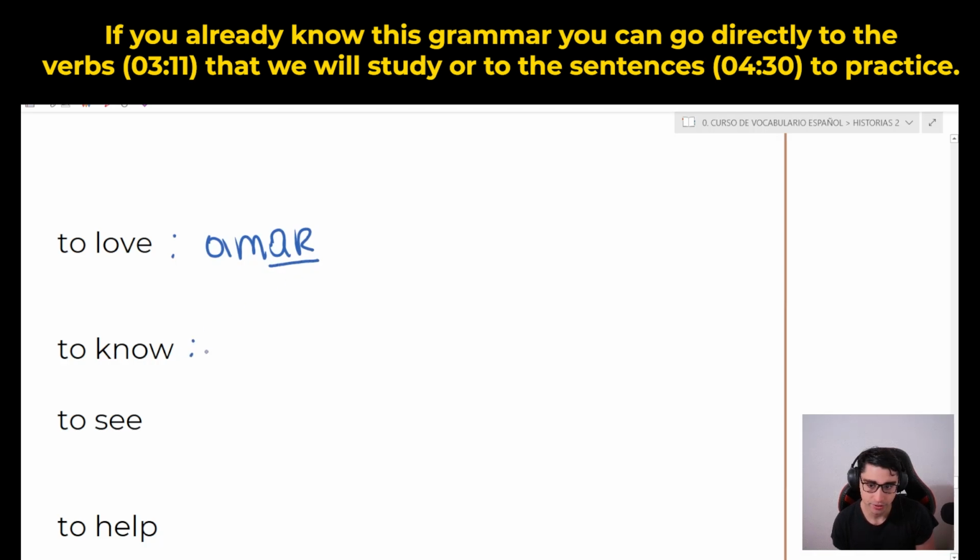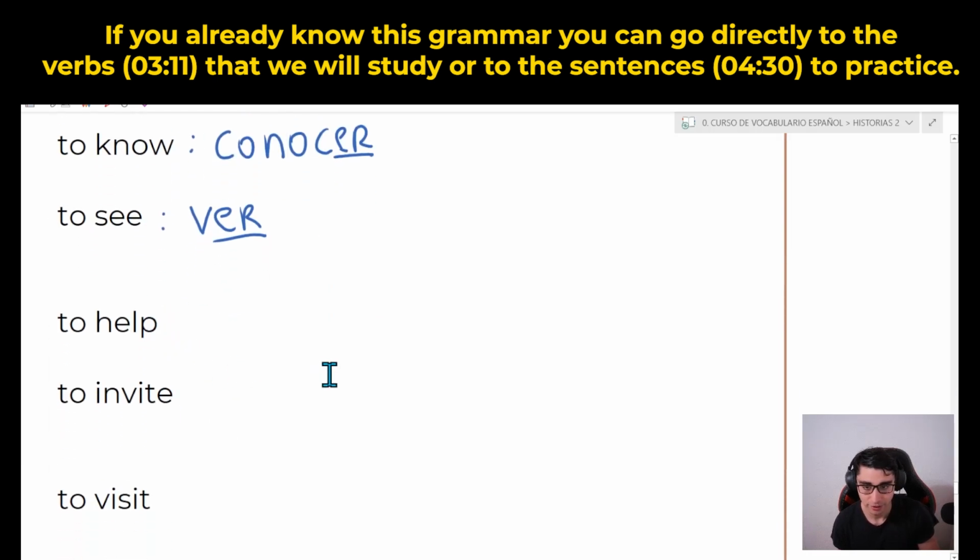In this case, you are going to say conocer. Okay, try to answer faster than me. Conocer. Es un verbo -er. To see, ¿cómo lo dices? Es ver. Es un verbo -er. To help es ayudar. Okay. Es un verbo -ar.